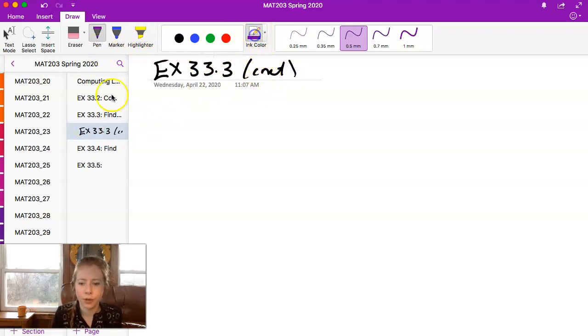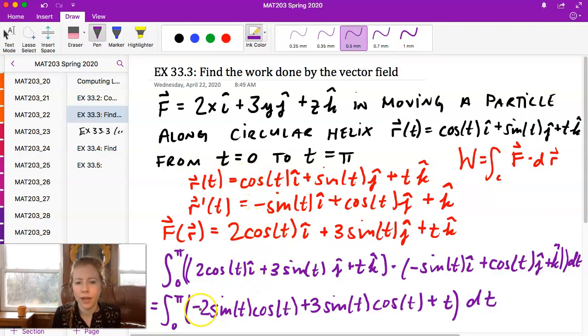So we can rewrite this as equal to the integral from 0 to pi of, now notice that what we have is minus 2 sine t cosine t plus 3 sine t cosine t.